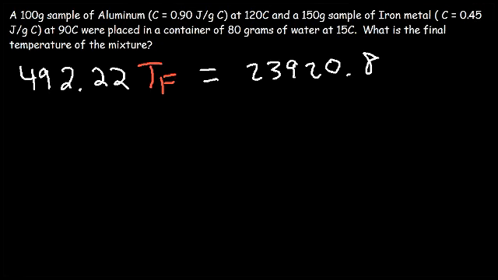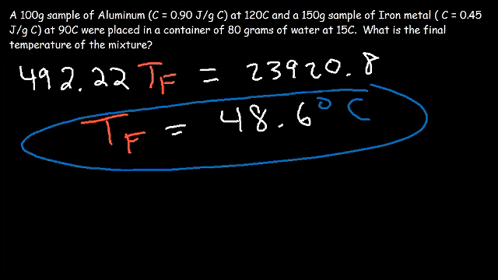Now for the final step, let's divide both sides by 492.22. So the final temperature of the mixture is 48.6 degrees Celsius.